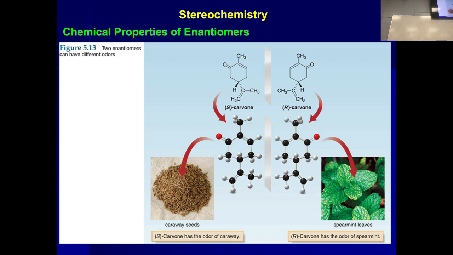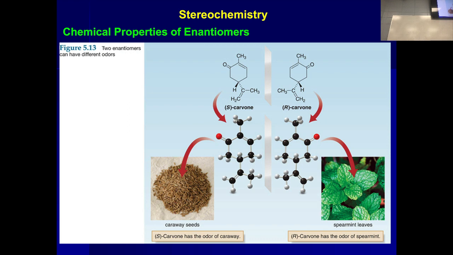Why do you suppose our noses recognize those differently? What do you think our little smell sensors in our nose are made up of? Chiral molecules or non-chiral molecules? Chiral molecules, right? And just like my hand is chiral, I can put my hand in a right-handed glove, but not in a left-handed glove, right?